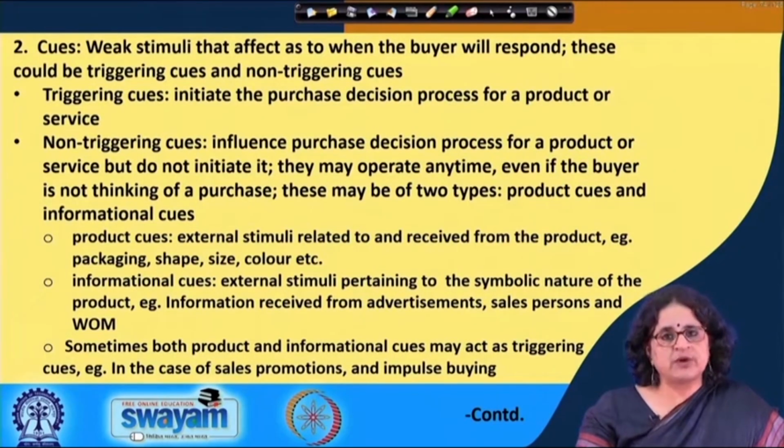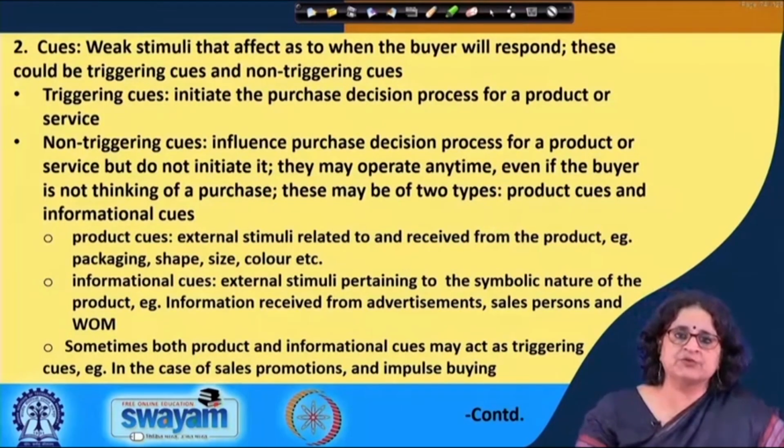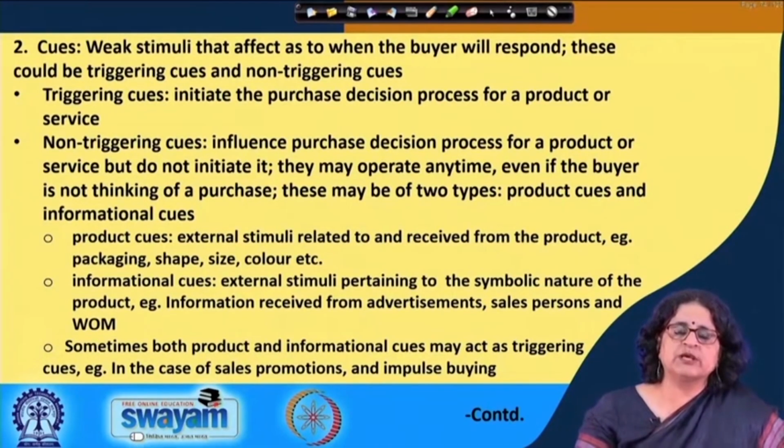Similarly, in the case of impulse buying, the product cues, the color or the packaging of the product, or again deals and discounts, may lead people to suddenly act on impulse and go in for an impulse purchase, even without having planned for it or having the need for it as such. So in this way, prices and discounts, as informational cues, may act as triggering cues.